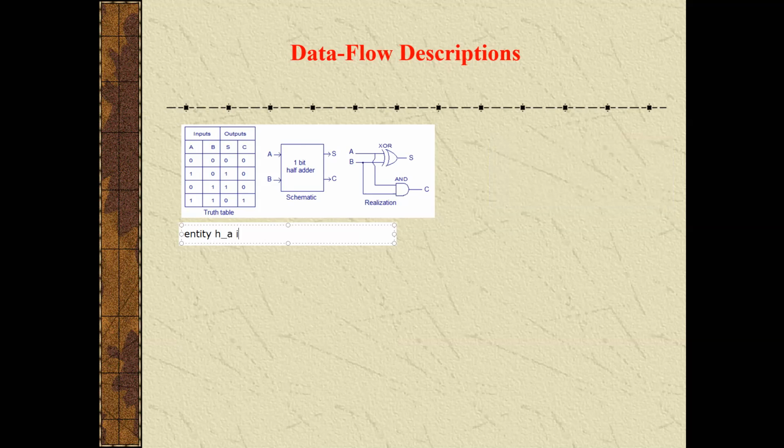Entity half adder is port. After entity, we should assign a port. Here A is bit type and B is another input. We have to mention here in. This is the input and this is also in, which is also bit type.